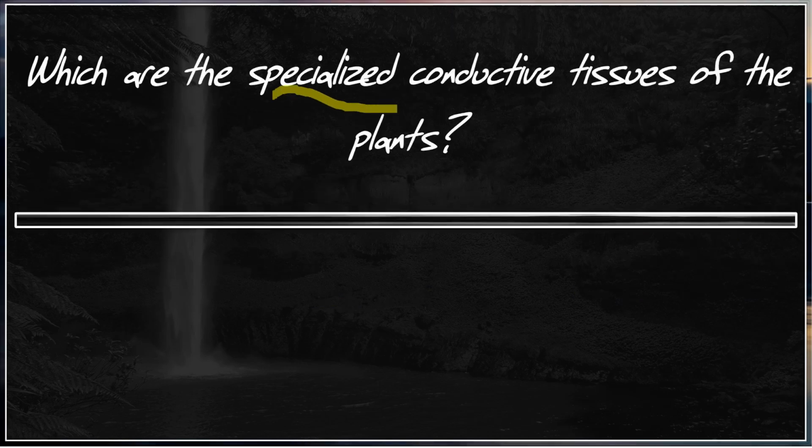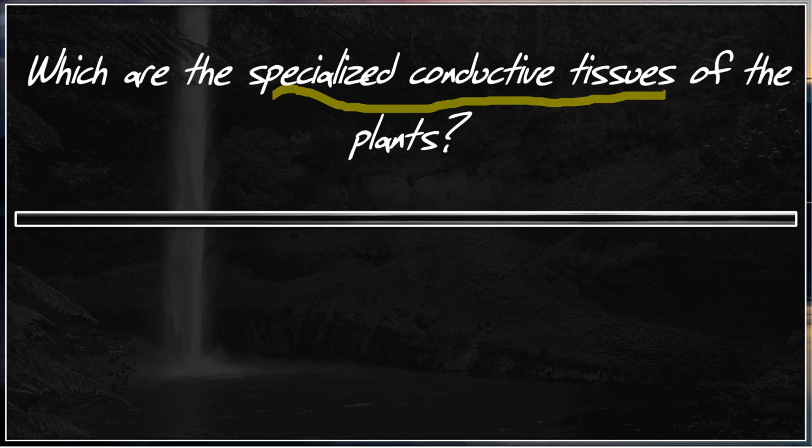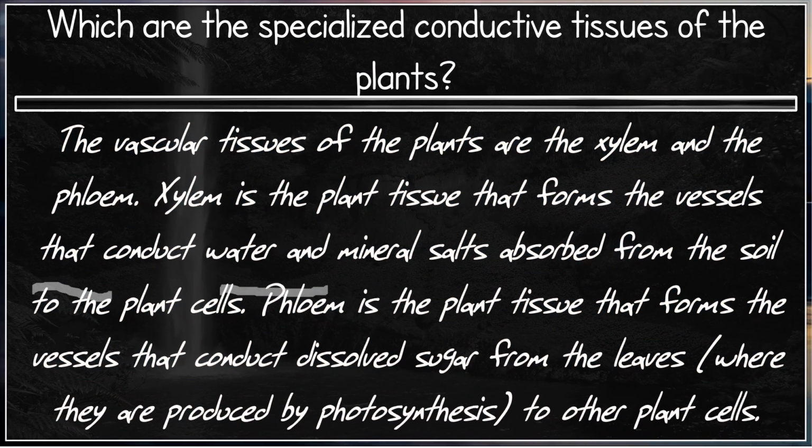Which are the specialized conductive tissues of the plant? The vascular tissues of the plant are the xylem and the phloem.